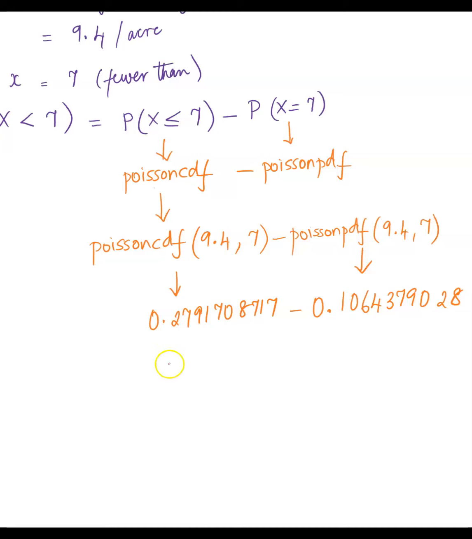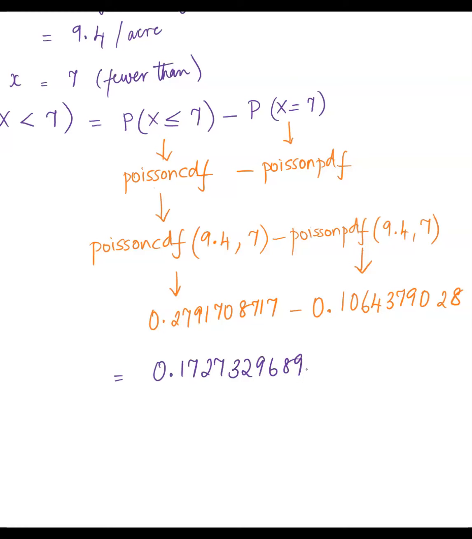And the result of these two came out to be 0.172732968. Okay, this is what your calculator will give you. You can always round it, of course, to the number of decimal places specified. So when it is strictly less than, we have a combination of CDF and PDF in our calculation.